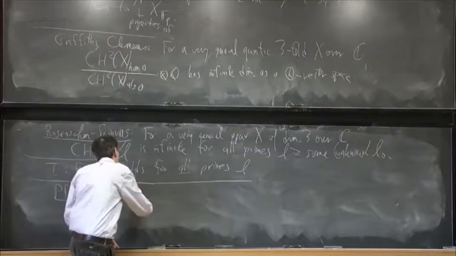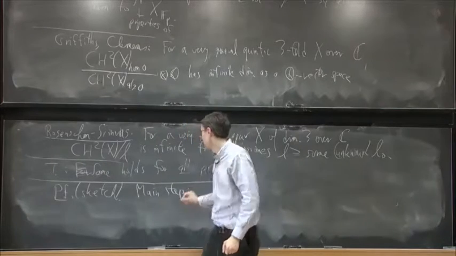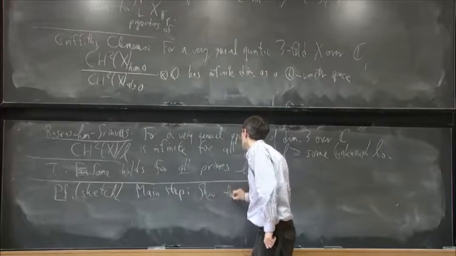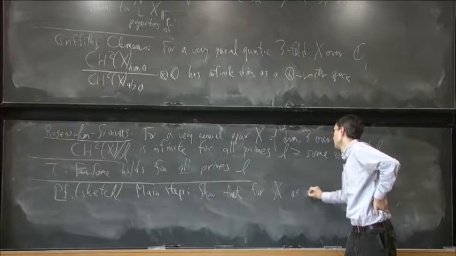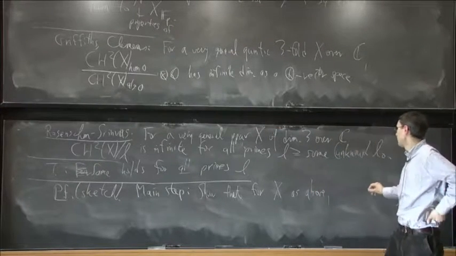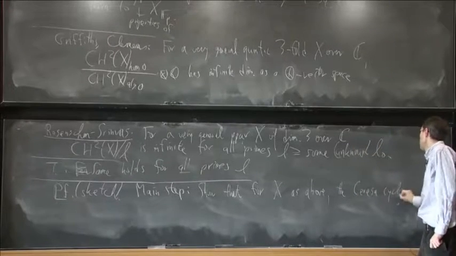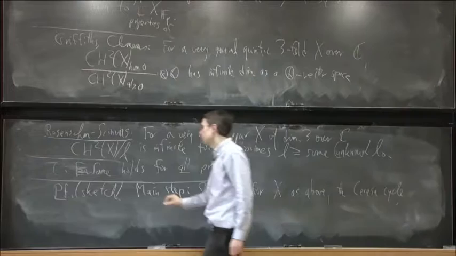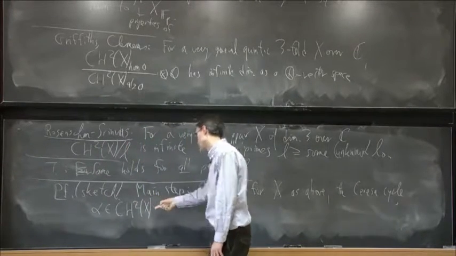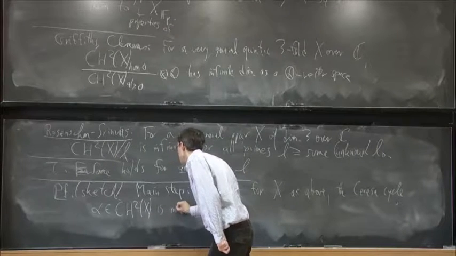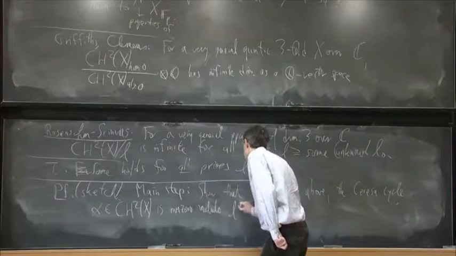So the main step is to show that for this very general abelian threefold, the Terasa cycle, I don't really have a name for that, it's a codimension 2 cycle on X, is non-zero modulo L to the c.